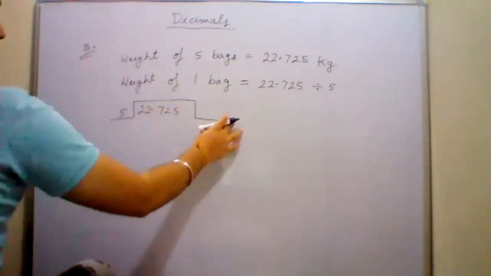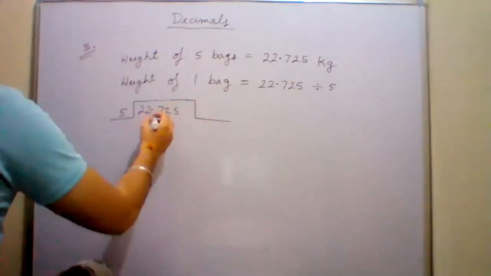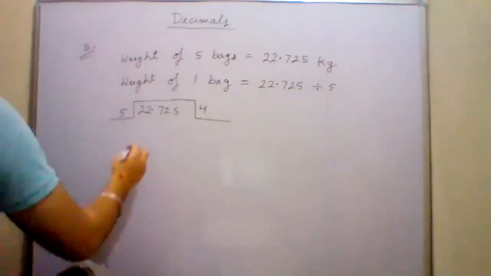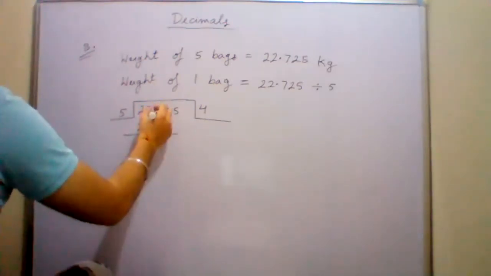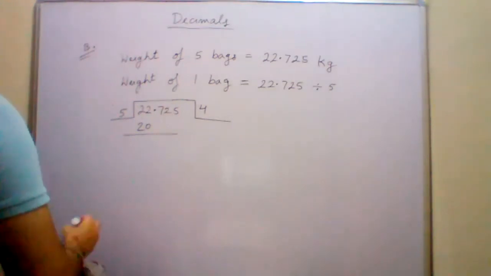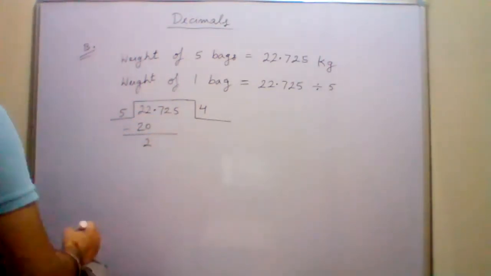First you write 4, then 20 here. What is the difference? 2 is the difference.